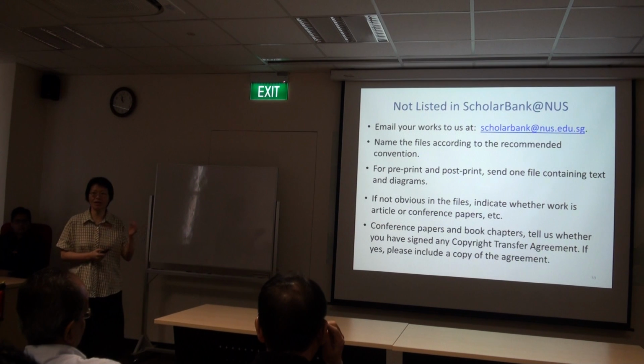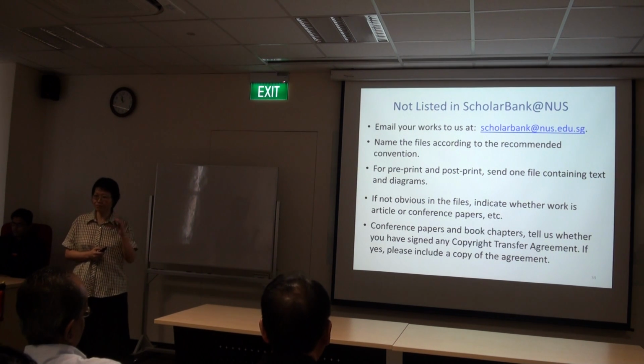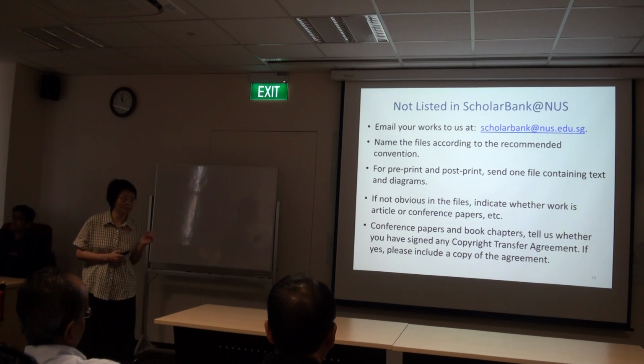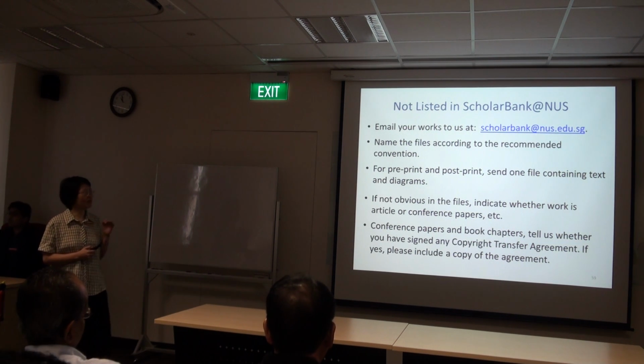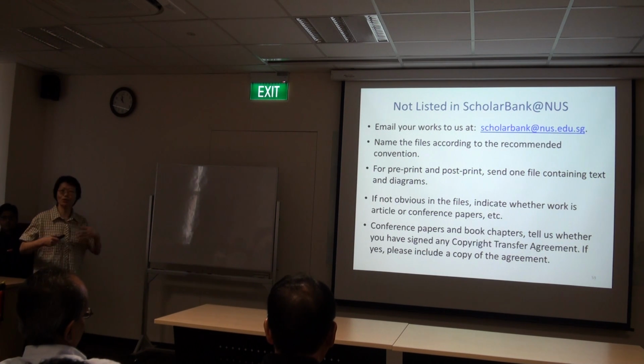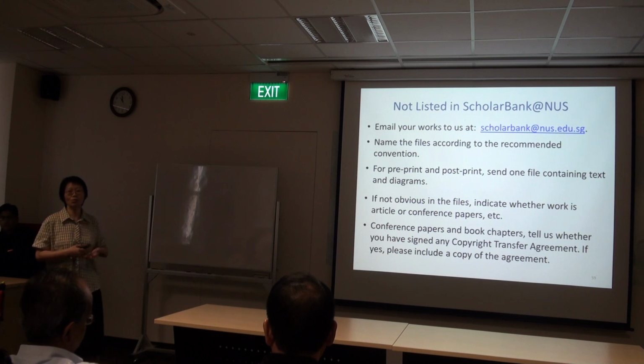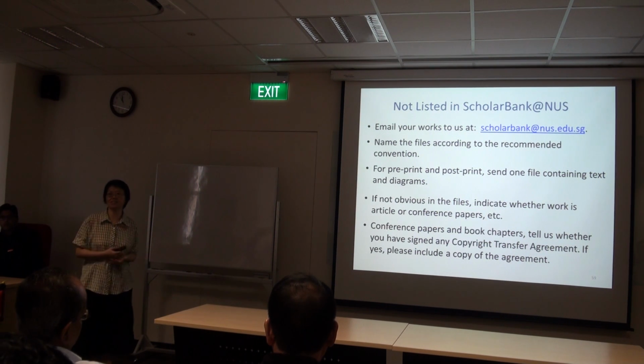We have finished with uploading of files when the bibliographic information, the metadata, is in Scholarbank. So what if the metadata is not in Scholarbank? Essentially, we request you to email us your works, and we will do the necessary checking with you, with the publisher if necessary.